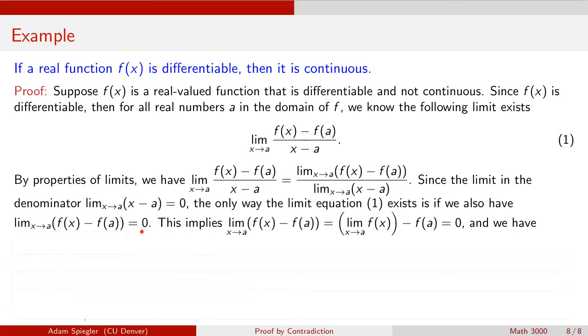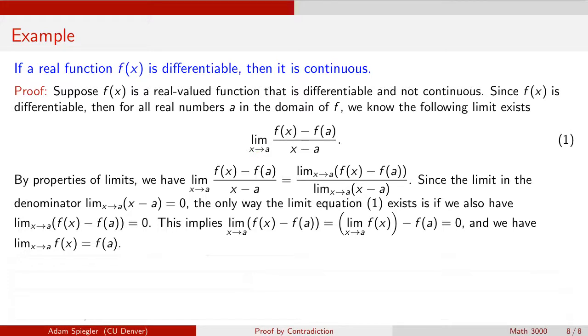And so if this limit equals 0, that's equivalent to saying that the limit of f of x as x goes to a minus the value of the function at a is equal to 0, just using properties of limits again. So that leads us to the limit as x approaches a of f of x has to equal f of a. That's the only way that we would get a 0 in the numerator, and that's the only way this limit exists, which we know it must.